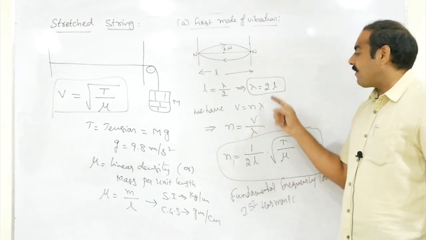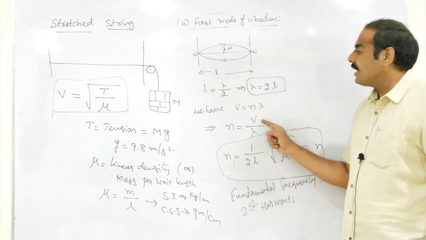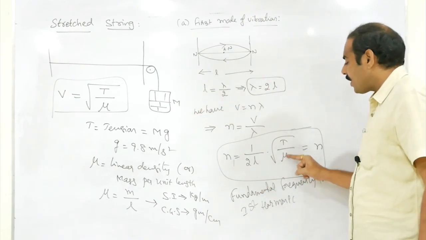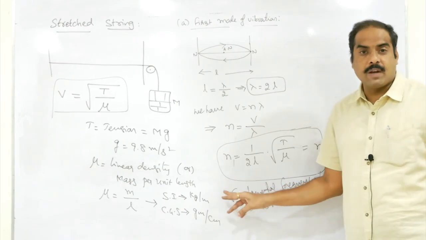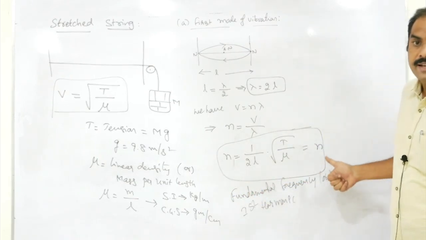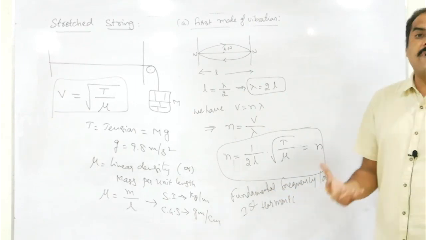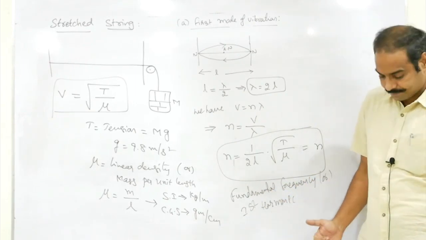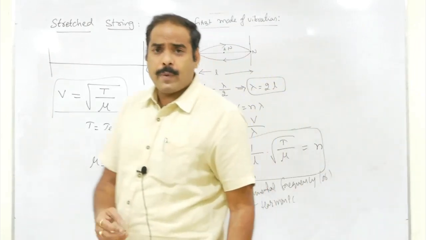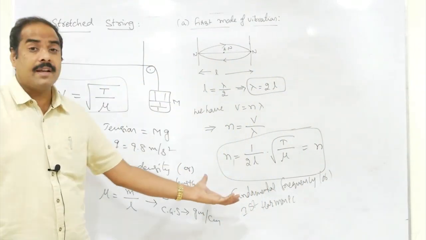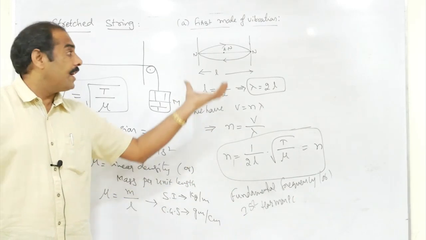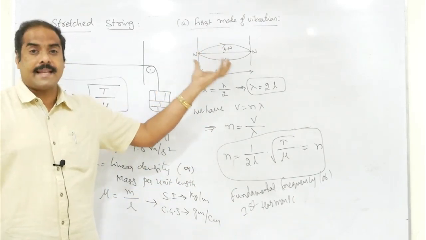Therefore, in the place of lambda, I have written 2L, and in the place of v, I have written square root of T by mu. This is n1, or you can consider n1 is equal to n. This is the fundamental frequency or first harmonic. So this is the frequency of a stretched string when it vibrates in one segment.